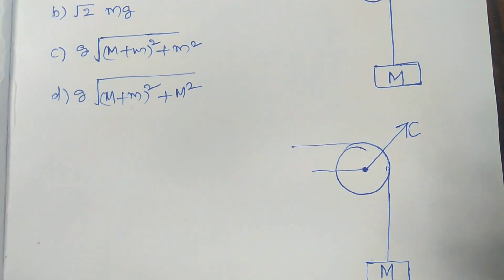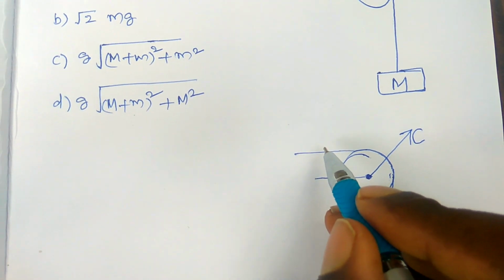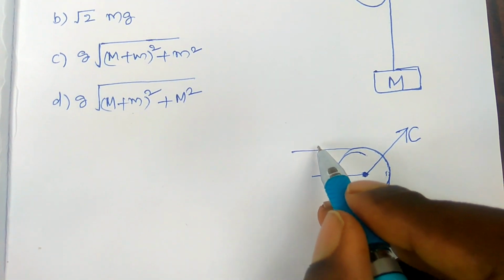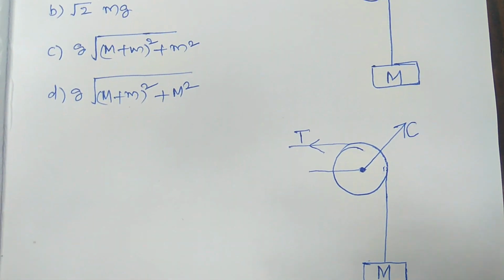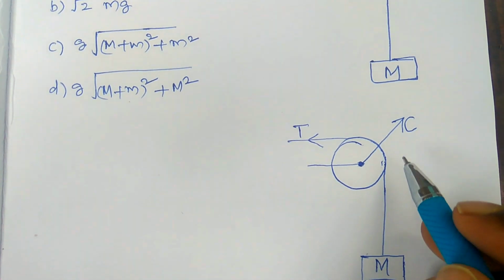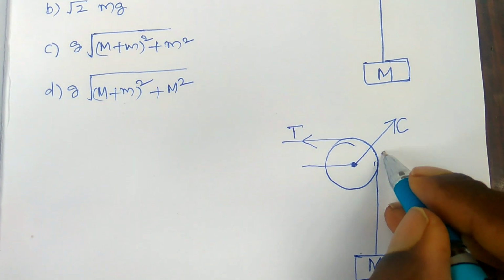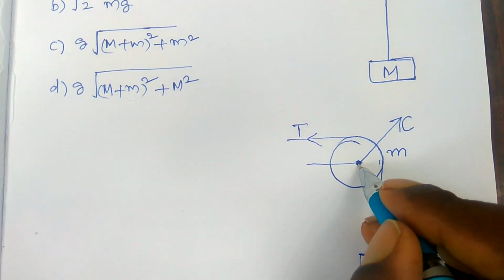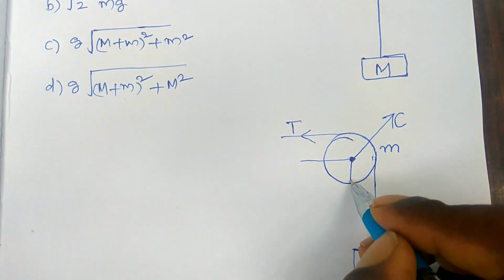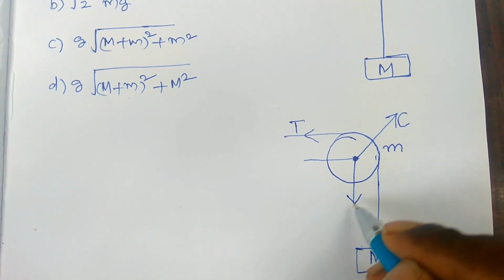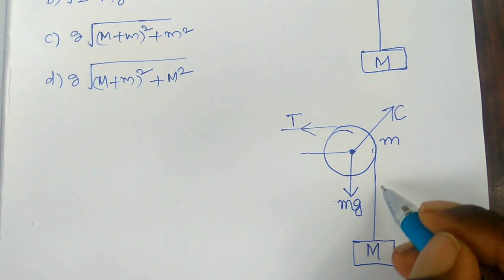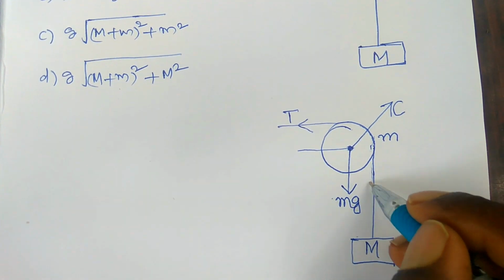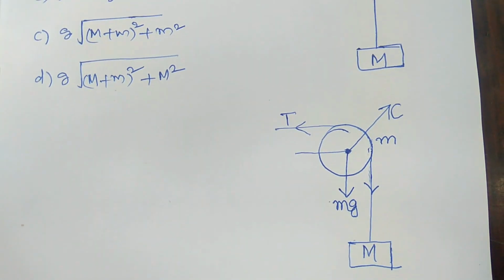Let it be C. Here there will be tension acting on the string, and this is the mass of the pulley, whose weight W equals mg acts downward, and the tension T acts in this direction.